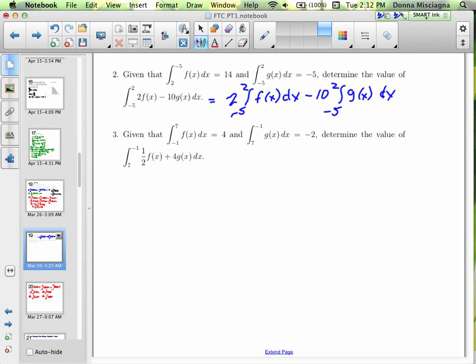Now, the only way you can combine these, by the way, is if the limits of integration match. Limits of integration must match.